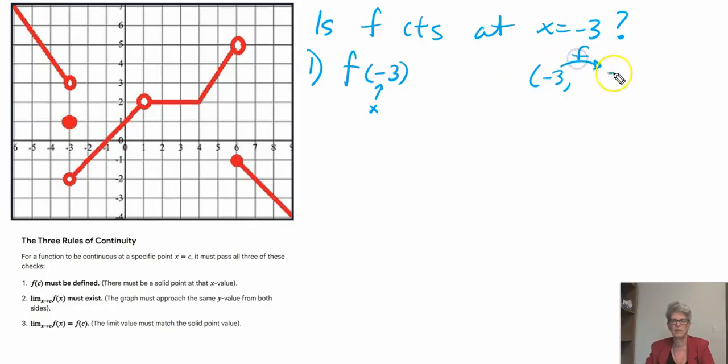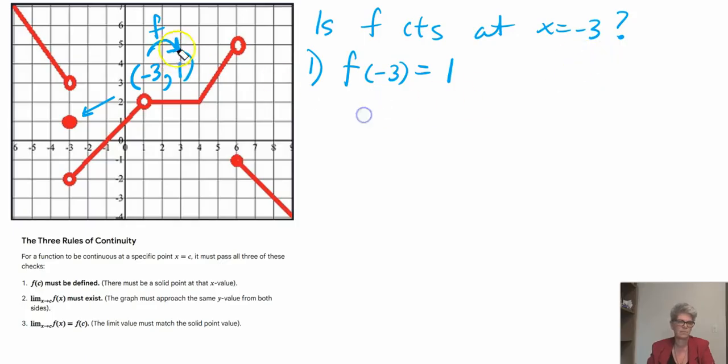And then f evaluated at -3 will be the y-coordinate of that point. So here is the point on the graph with x-coordinate -3. That point has coordinates (-3, 1). And so f will map the x-coordinate into the y-coordinate, and f evaluated at -3 is equal to 1. So the first condition is satisfied. So we're all good for that.